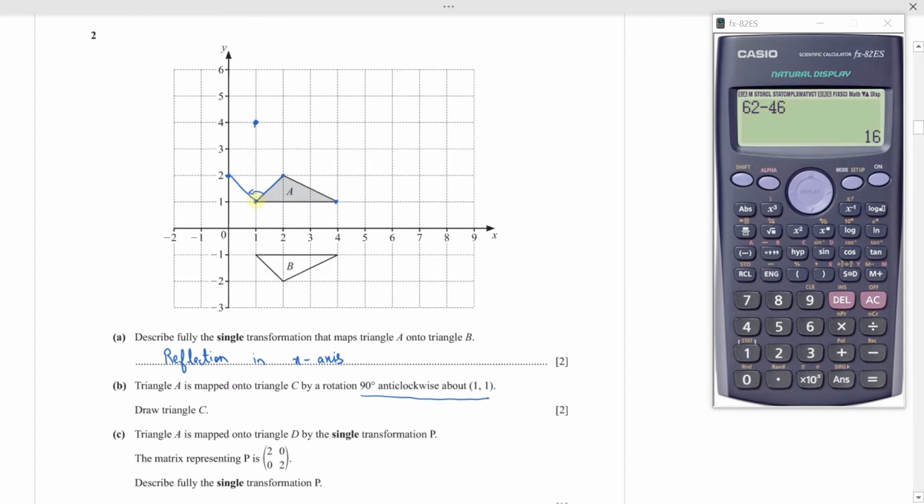So this distance is the same as this distance, and the angle here is 90 degrees between the two lines. So basically the lines joining the object and the image with the center of rotation make a 90-degree angle, and this point moves 90 degrees in this direction, which is anti-clockwise as given in the question. So now I know the location of the three vertices. So this one was here. So this is my triangle C. I can join these three vertices to form my triangle.